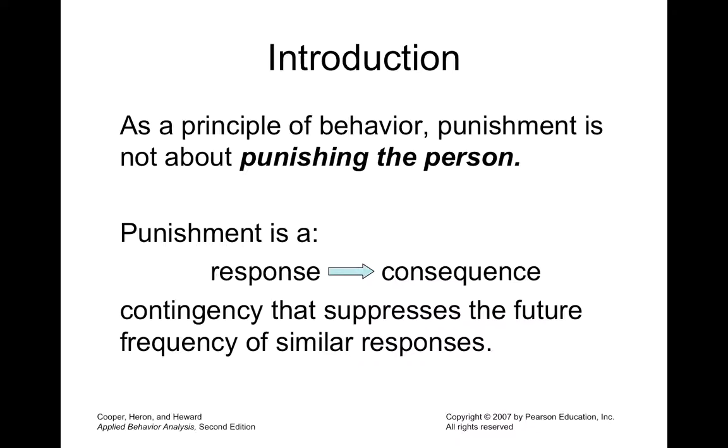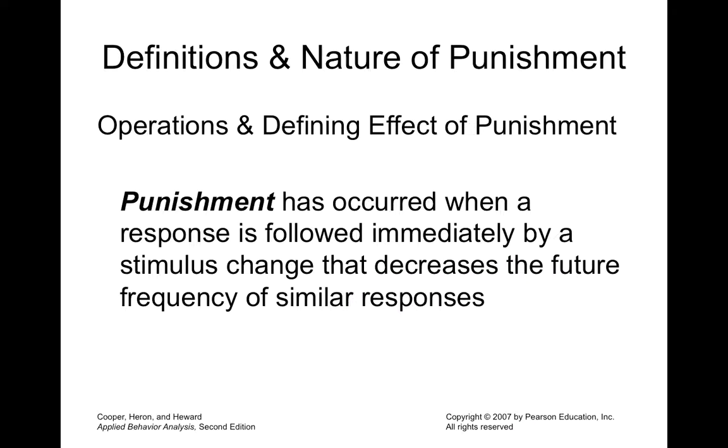Many people think that punishment is punishing a person. However, punishment is not about punishing the person. Punishment is a response consequence contingency that suppresses the future frequency of similar responses. Like reinforcement, punishment is a two-term behavior and consequence functional relation defined by its effects on the future frequency of behavior.